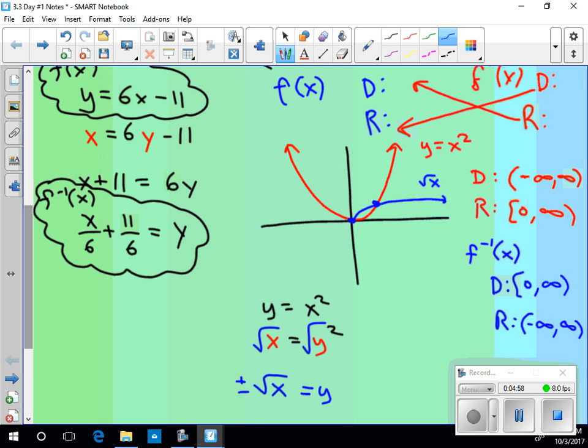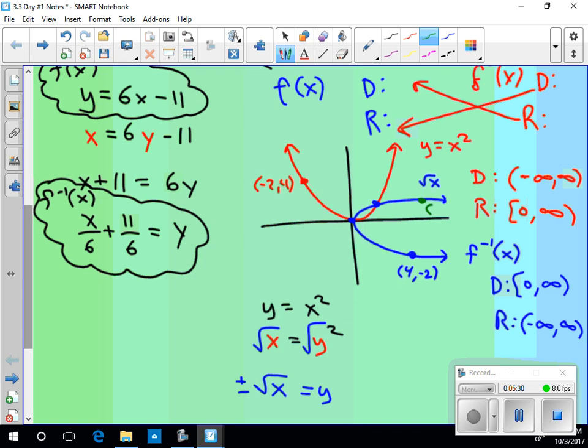What would the negative square root of x look like? Same thing reflected. Let's say this is the point for -2. Let's flip these around and find that point: -2, 4. How about this point? Let's think of a point.